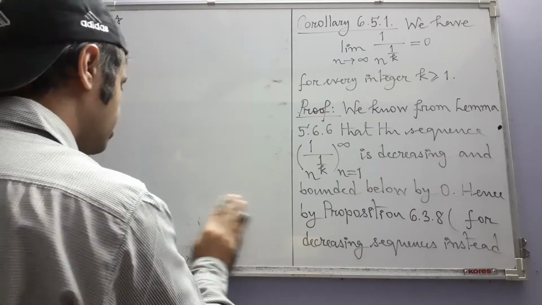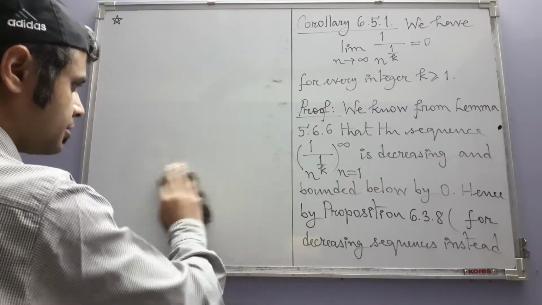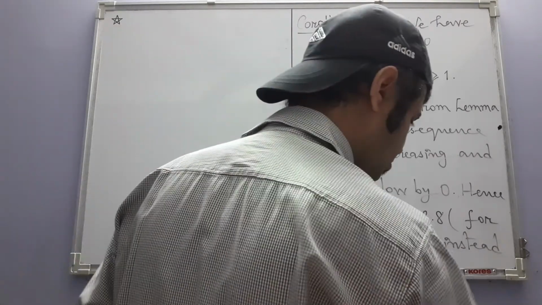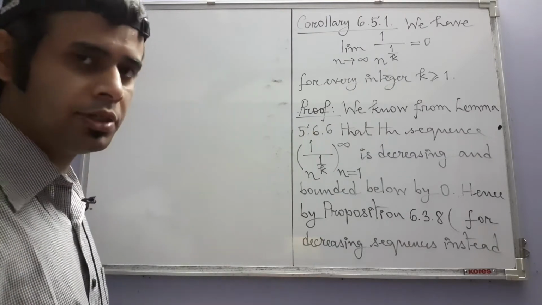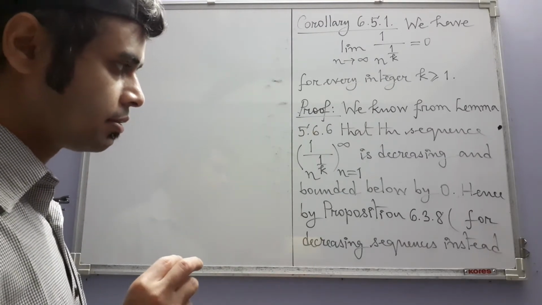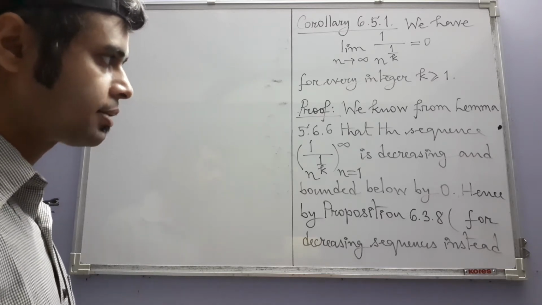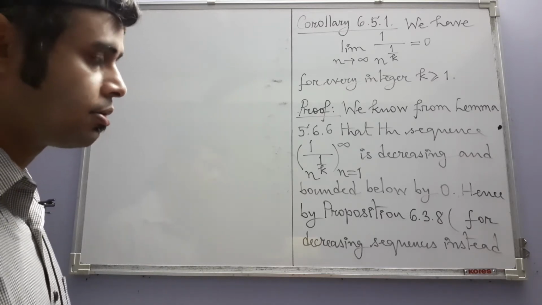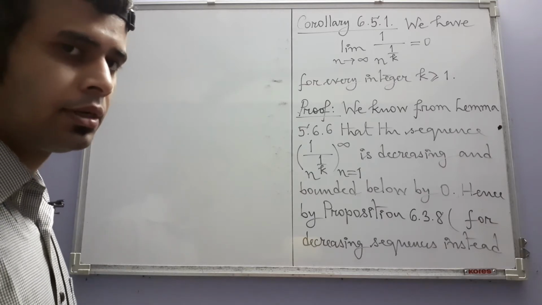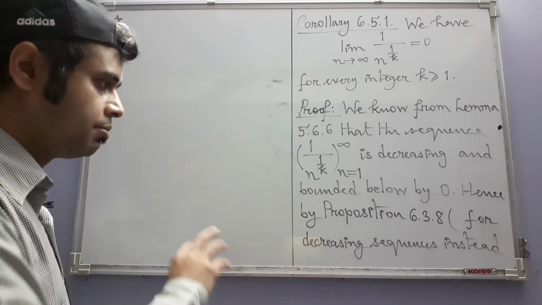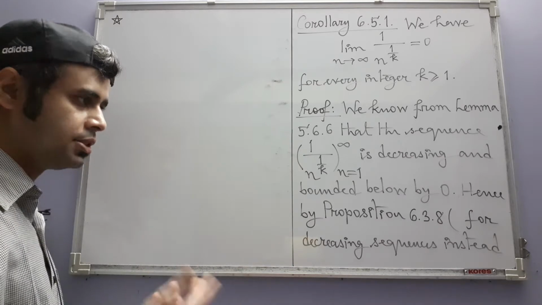In fact, that's not the only thing this proposition says. Because this is decreasing and bounded below by 0, a limit exists. We in fact have more information about the limit: the limit actually is the greatest lower bound of this sequence. That, however, we won't use here. We will find the limit using something else.